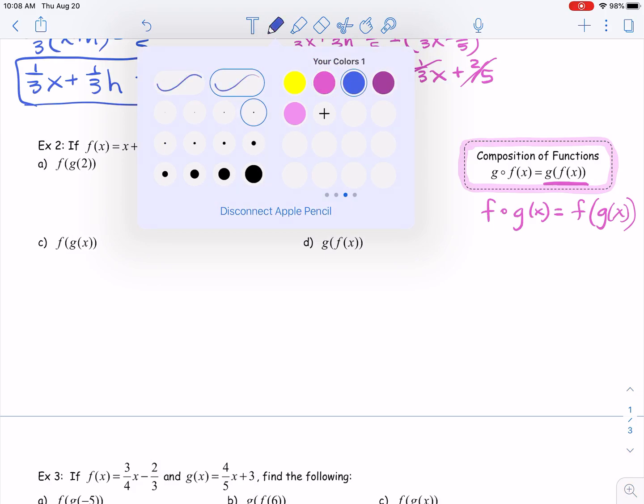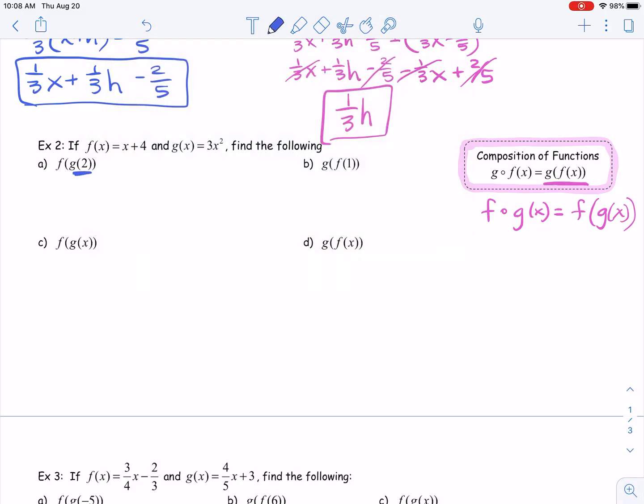So here we are starting with what is g of 2. Notice we are given new functions, so a new f of x and a new g of x. So I'm starting inside of my parentheses, and I want to know what g of 2 is, because g of 2 is going to be the input for the function f of x. Okay, so g of 2 is going to be 3 times 2 squared.